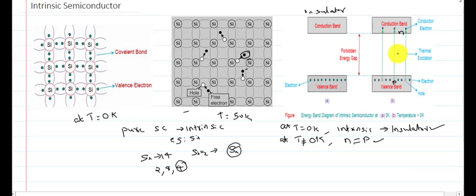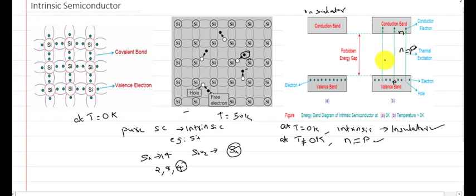This n value will be equal to the p value, at T equal to 50 Kelvin or any other temperature. From the structure we can see the electron-hole pairs are formed due to the breaking of covalent bonds.